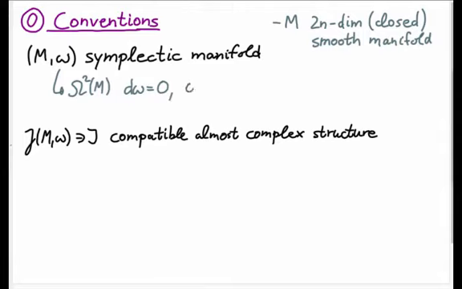One of them is that if we wedge it n times, we will get a volume form, everywhere non-zero. And that in particular means that our smooth manifolds are actually always oriented.